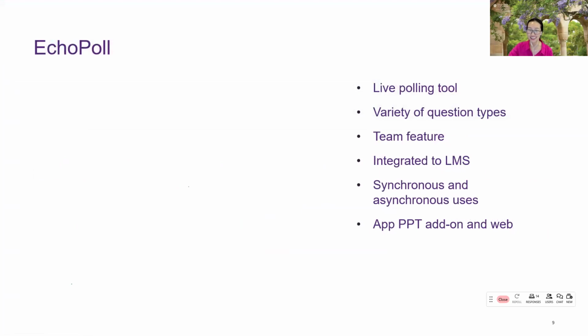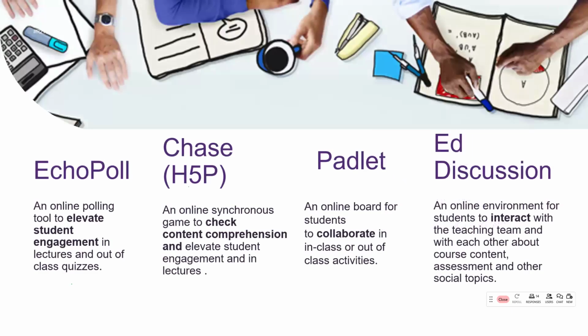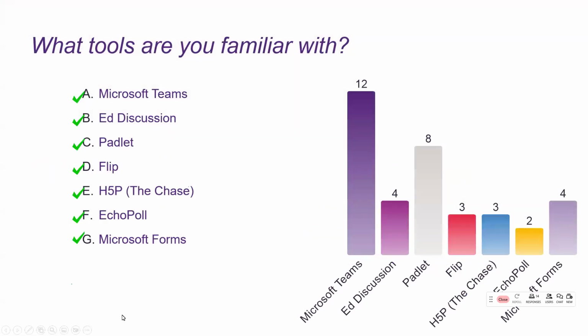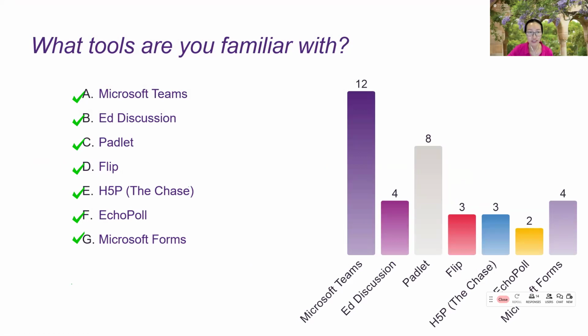Jenny, yes, please. Thank you. My question is, are all of these tools already installed on the computers in classrooms, or do we need to contact IT to ask to be installed? Yes, very good question. Thank you, Jenny.